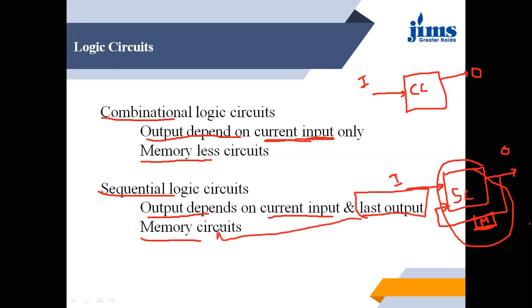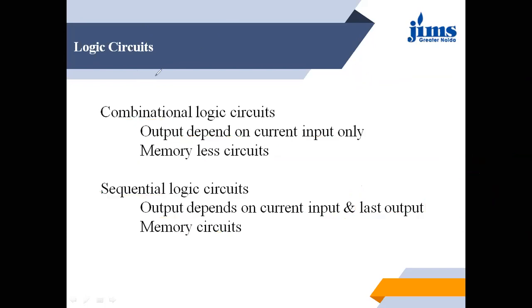In a simple sense we can say that logic circuits are of two types. First one is combinational circuits and second one is sequential circuits. Combinational circuits do not have memory, whereas sequential logic circuits have memory.